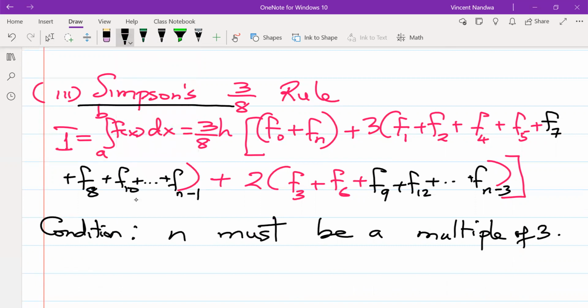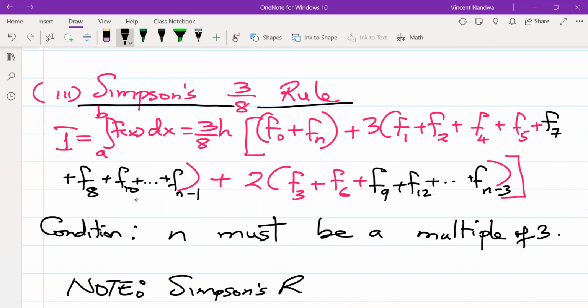And please note that Simpson's rule implies Simpson's third rule.